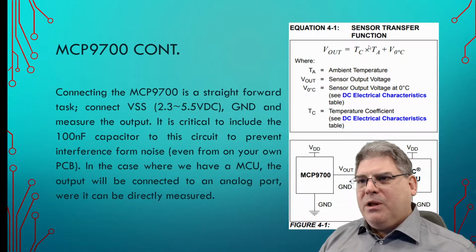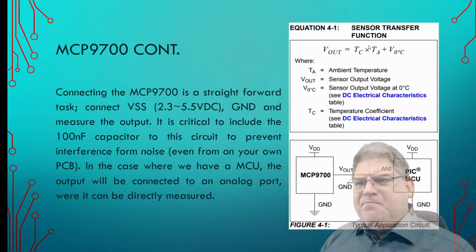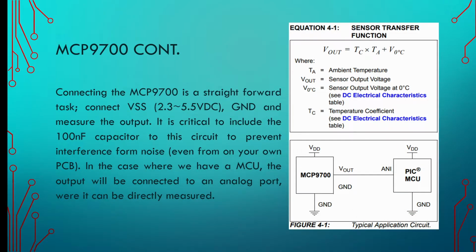Here's the actual formula written out from the data sheet. And there's a bunch of information that we can pick up here on the data sheet. One is that it is capable of running down to 3.3 volts. Actually, it'll go down to 2.3 and can go as high as 5.5, which is ideal for us. And one of the other things is to include a 100 nanofarad or 0.1 microfarad capacitor to prevent interference and noise.